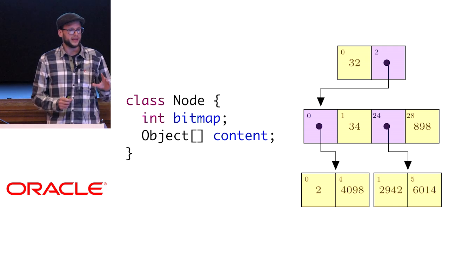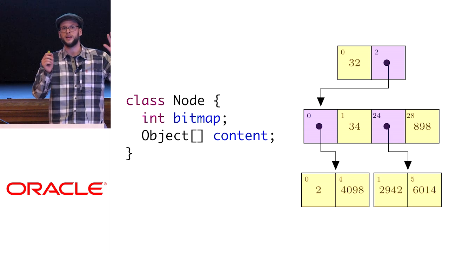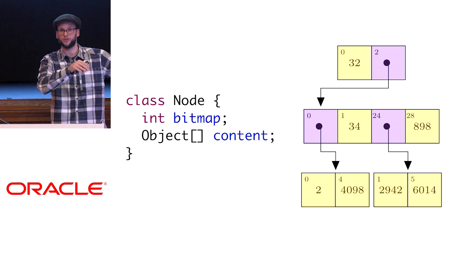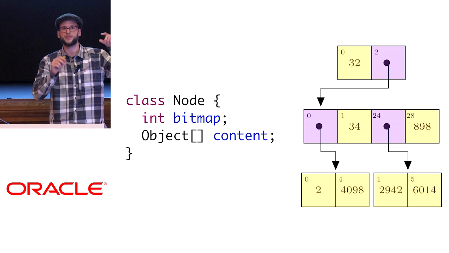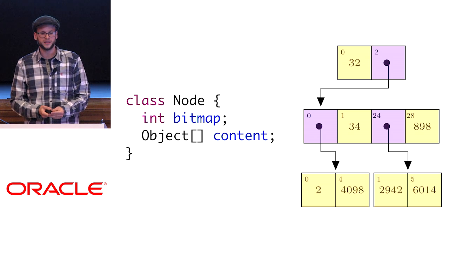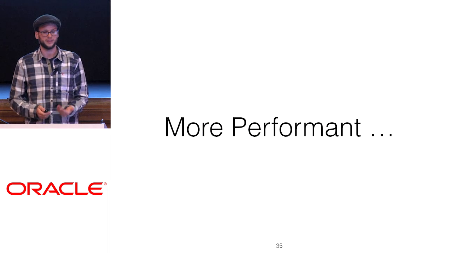So if you look at the data structure, you see color-coded, well, we're interleaving data, the payload that we actually want to store, and the administrative overhead, so further references to subtrees. And that actually can get more performant as well.